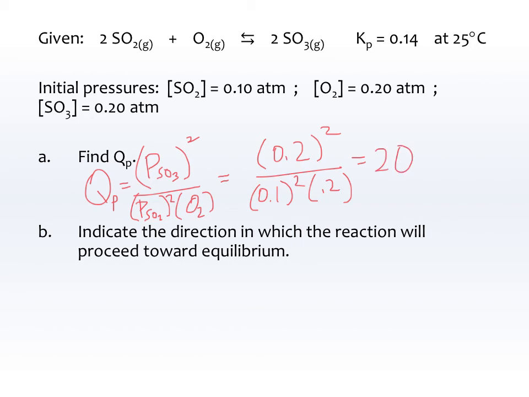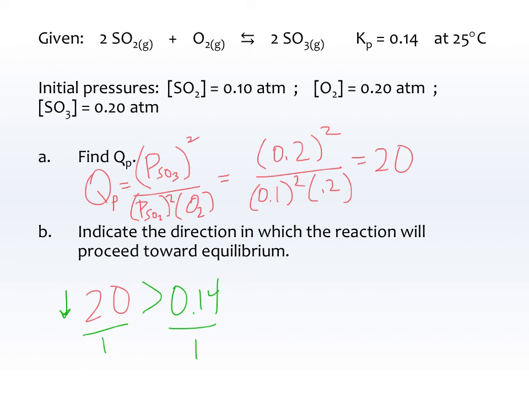So indicate the direction in which the reaction will proceed towards equilibrium. 20 is greater than 0.14. So if I was thinking about this in fraction terms, 20 over 1 to 0.14 over 1, and it has to get from the Q to the K because it's trying to get towards equilibrium, then I'm going to have to lower the products. I'm going to have to make this top number come down.